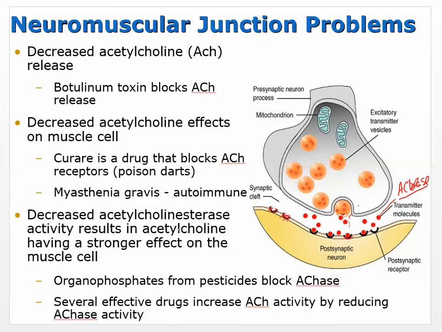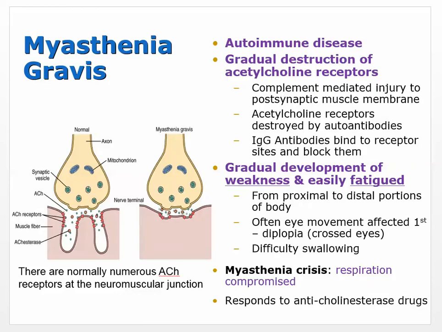All of these things work together. We're mainly interested in myasthenia gravis, but that's the way this works, and some examples of the effects that can happen. So with that review, we're going to talk about myasthenia gravis.